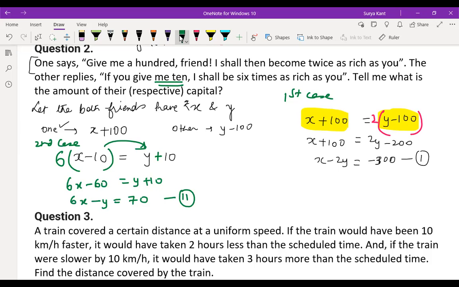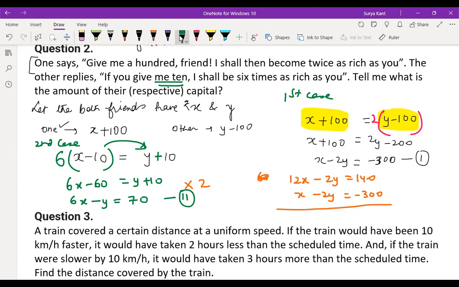Yes, sir. Simply you multiply this. This is minus y, no? You multiply by 2. So what will come? 12x minus 2y is equal to 140. Subtract: 11x is equal to 440. So x is equal to 40, sir.